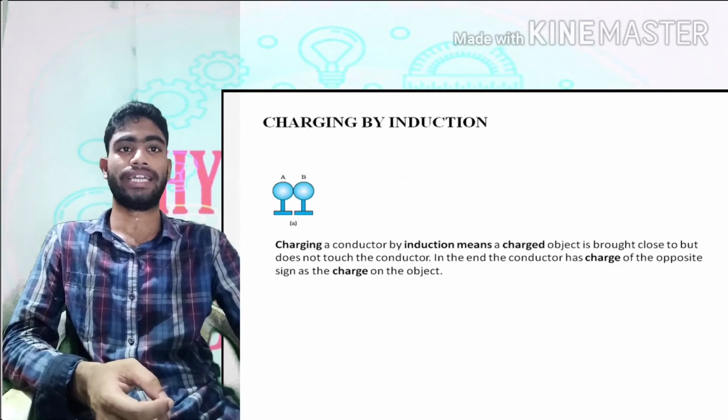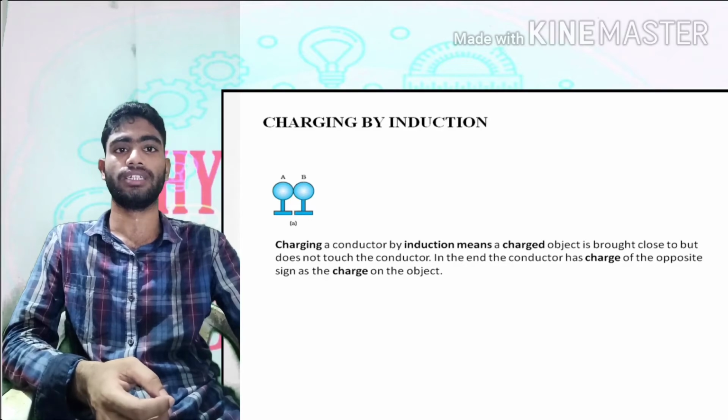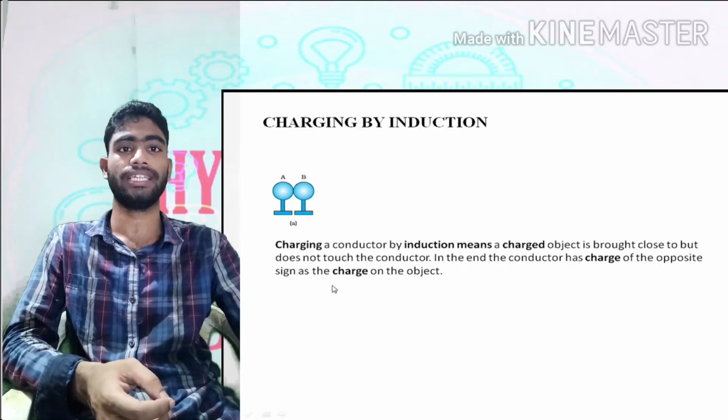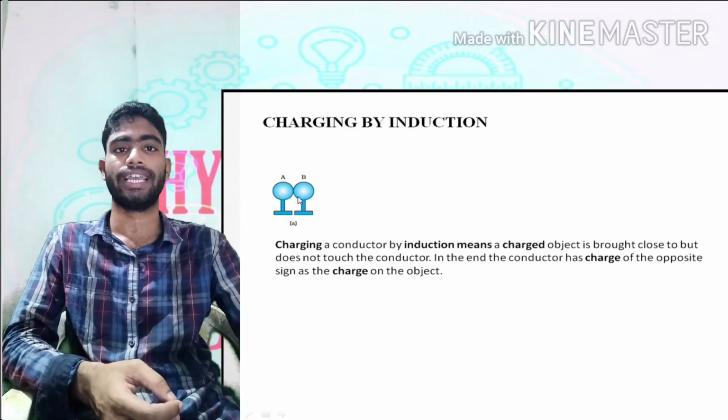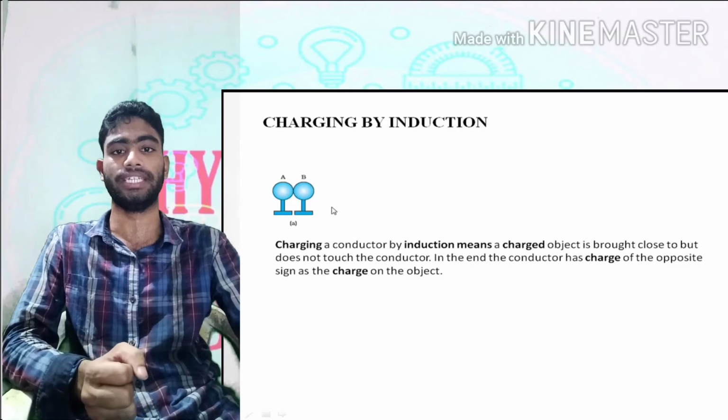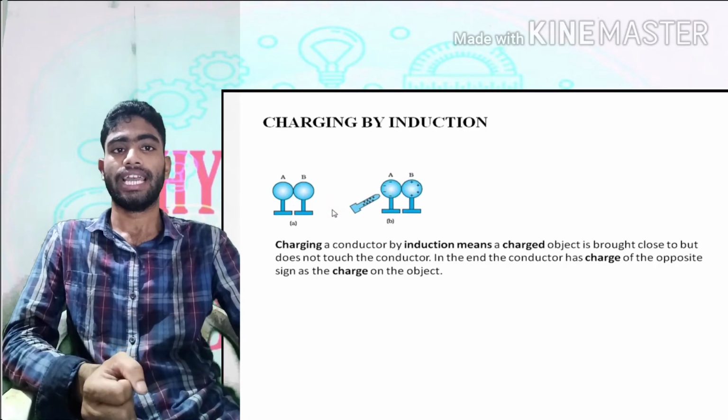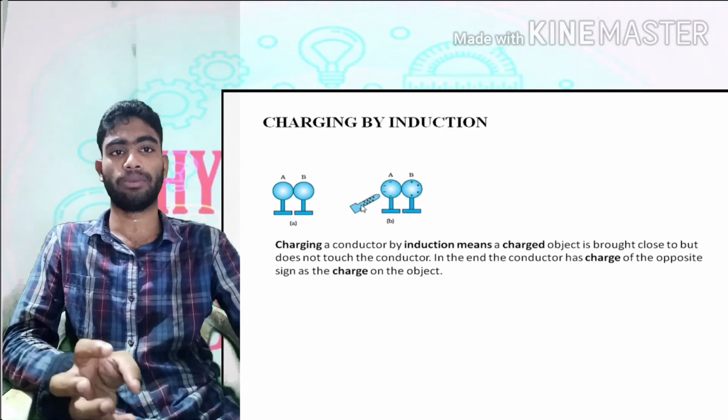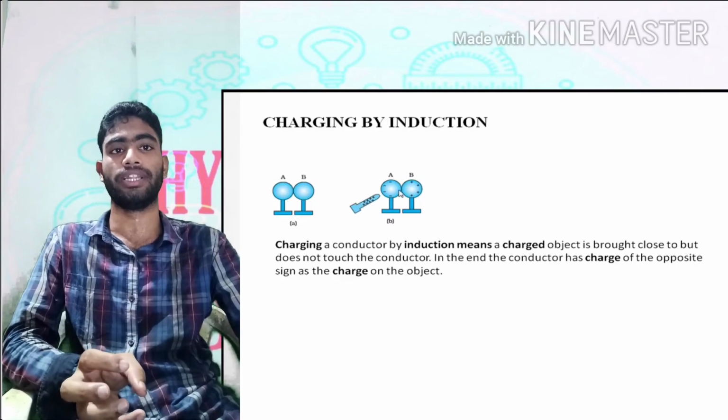So by using the method of induction, let me explain. First, in figure A, there are two uncharged bodies, A and B, placed in contact with each other. Okay, and we bring a charged body near to materials A and B, without touching.